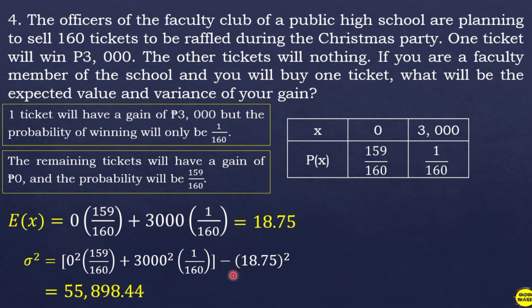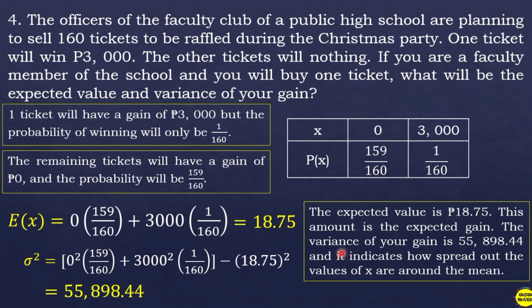So, the answer will be 55,898.44. So, the expected value is 18.75. This amount is the expected gain. So, the variance of your gain is 55,898.44 and it indicates how spread out the values of x are around the mean.